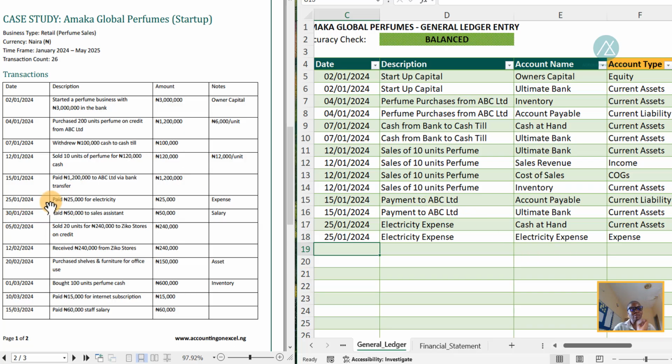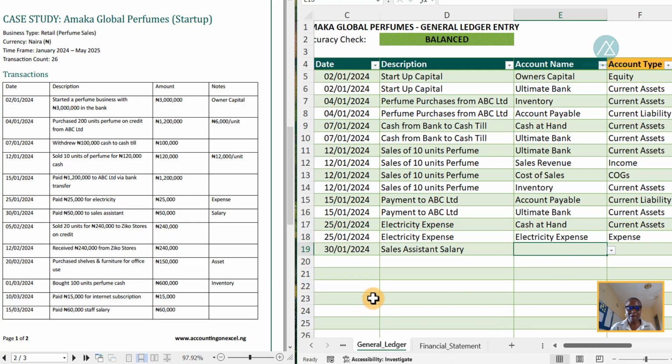So on the 30th of January 2024, paid 50,000 to sales assistants. So it's more like the sales assistant salary. It's a salary. So paid how much? 50,000 to sales assistant. So let's assume that we paid our sales assistant via bank, not cash.